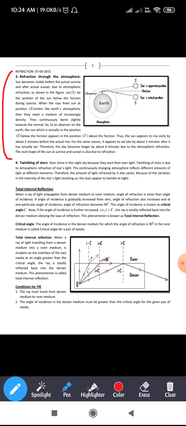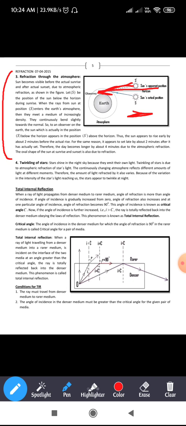So if you consider this as the actual position of the sun, then for the observer standing on the surface of the earth, the sun rays appear to be coming from here, that is above the horizon.